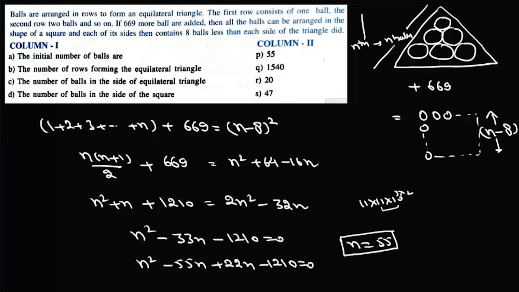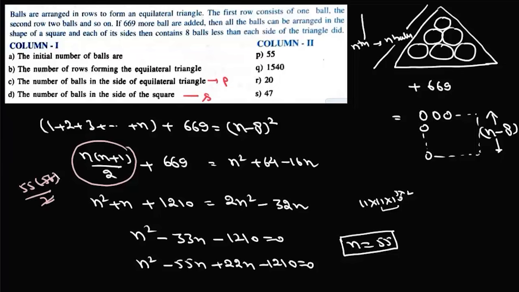So this C matches with P. Now number of balls inside of square is n minus 8. Now 55 minus 8 is 47. So this D, it matches with S. Now initial number of balls is n into n plus 1 by 2. So it will be 55 into 56 by 2.